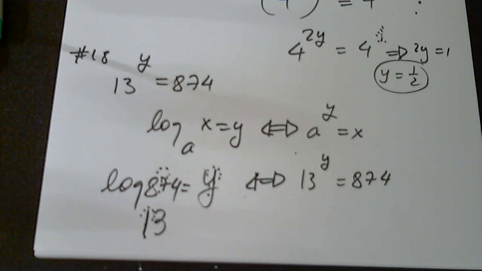It's already too much. No. 874 cannot be written with a base 13. That's why they're not even asking us to find anything. Good. They're only asking us to write the equation in its equivalent log form. And that is log base 13 of 874 equals y.